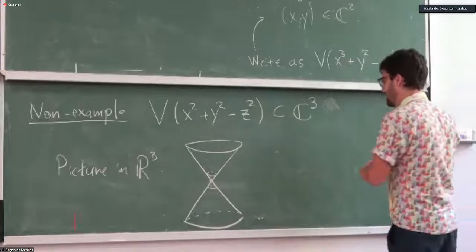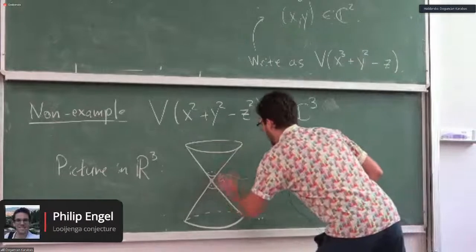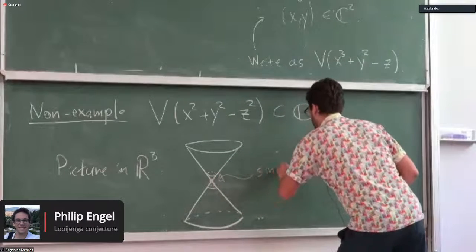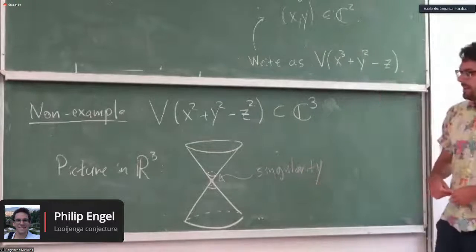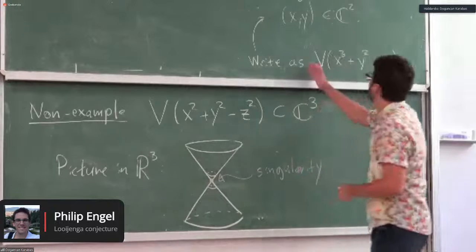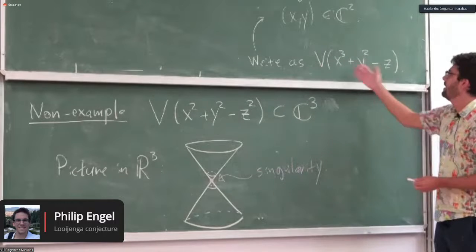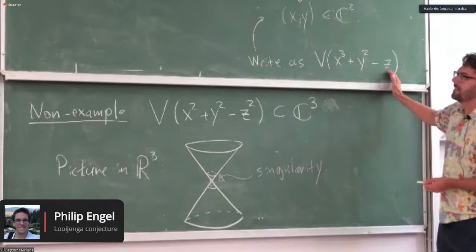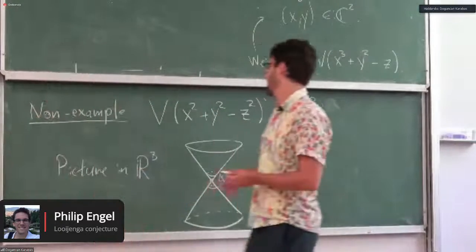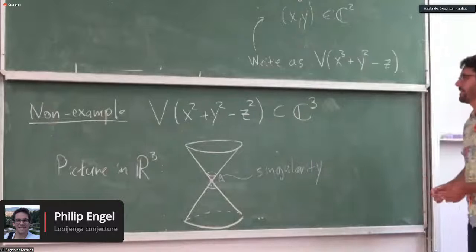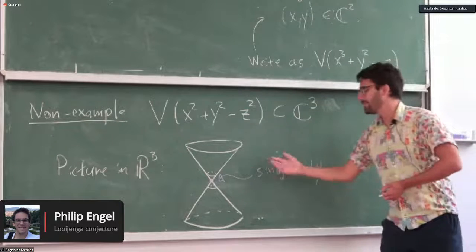Okay, so that is an example of what we call a singularity. So a singularity of a vanishing locus of polynomials will mess up the structure. It won't be a complex surface. So you can take that as the definition of a singularity.